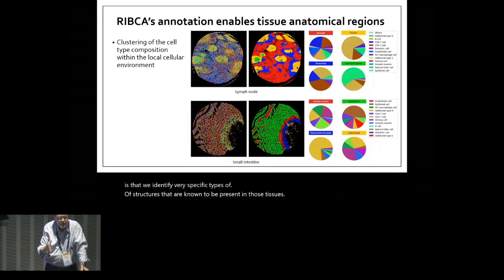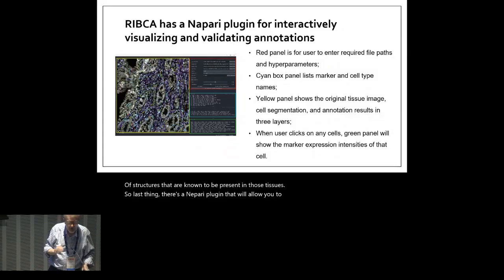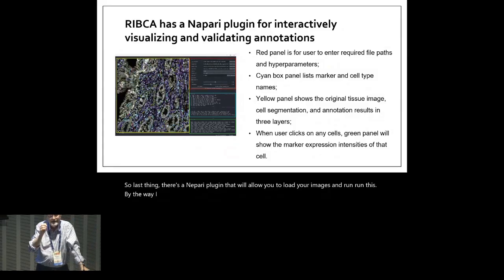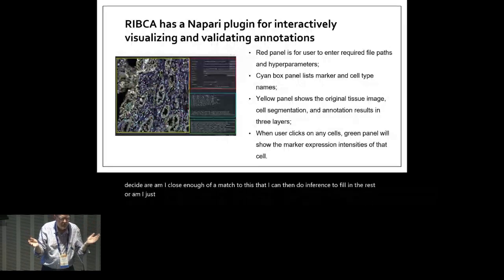Last thing, there's a Napari plugin that will allow you to load your images and run this. By the way, I should have said, I think I skipped over that, the ensemble model will match up whatever markers you have in your panel, and then decide, am I close enough of a match to this that I can do inference to fill in the rest, or am I just missing the markers that I need for that panel, in which case it will skip over that.